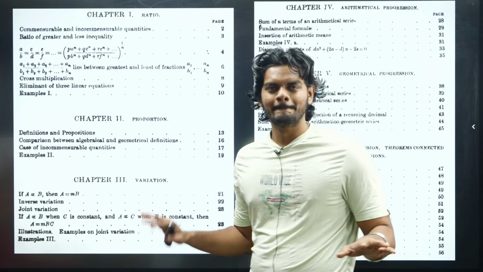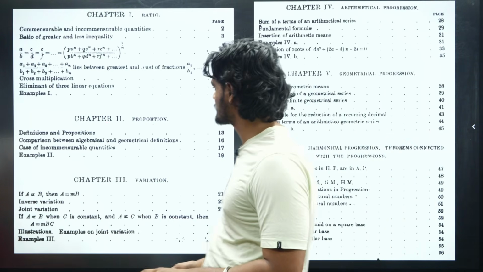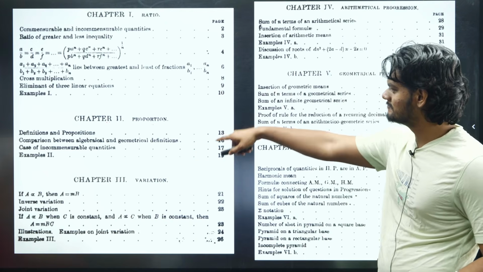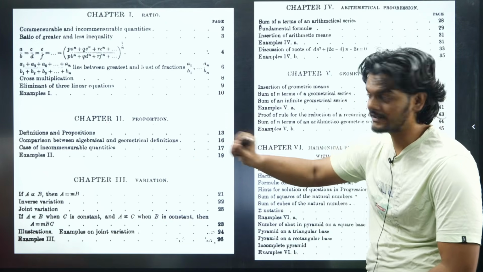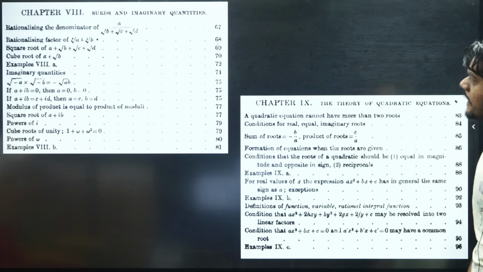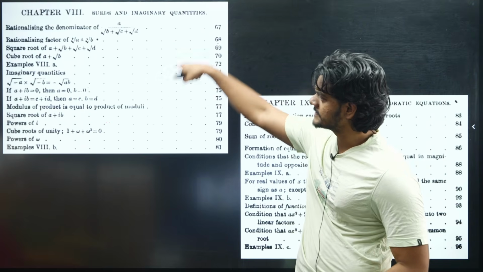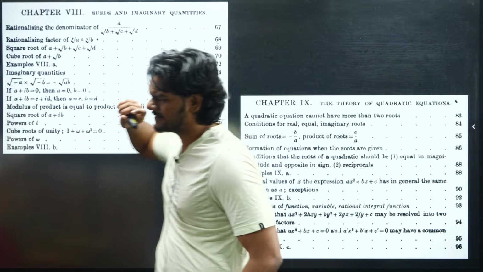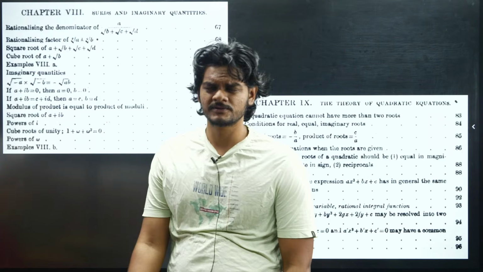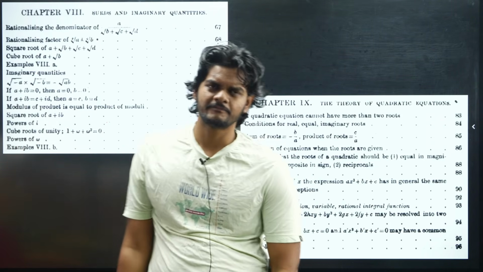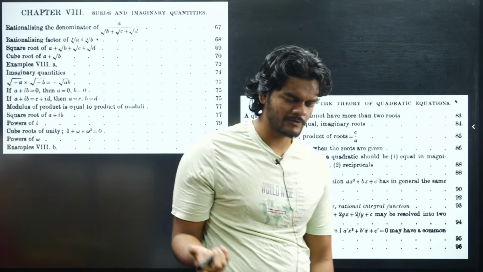But then begin the actual things. The questions in this book are really interesting and fascinating. Surds and imaginary quantities are important, and not generally mentioned much in schools. I don't know why, but somehow it's not there.